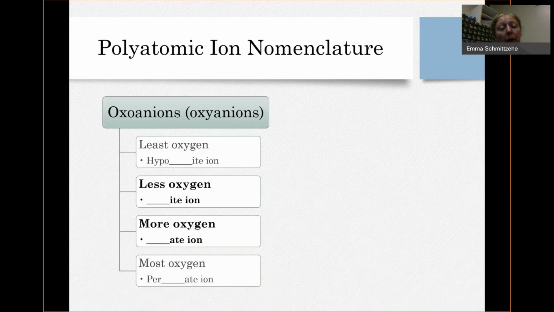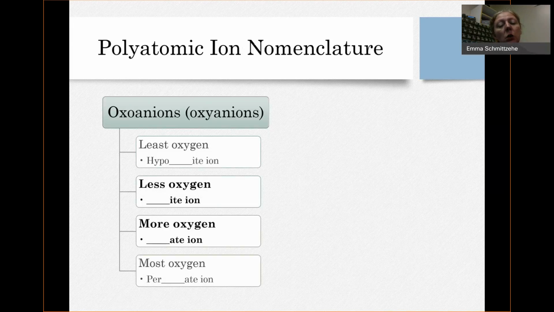If this particular element can combine with two possible numbers of oxygen, it will follow the systematic that I've got in the center, the one labeled less oxygen and more oxygen.